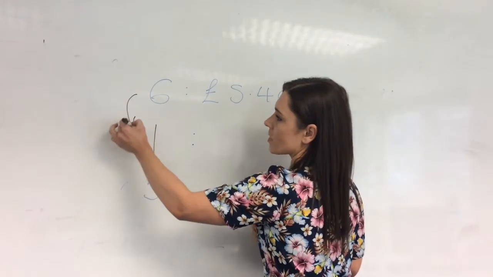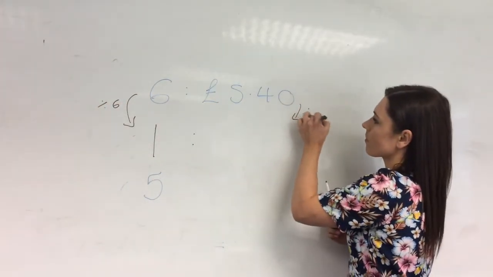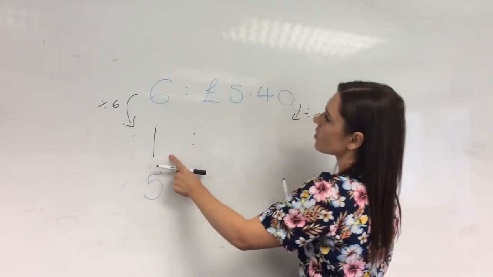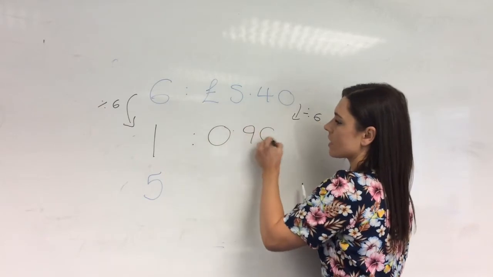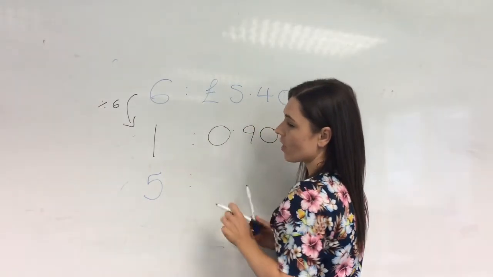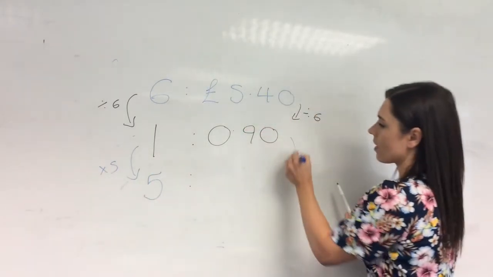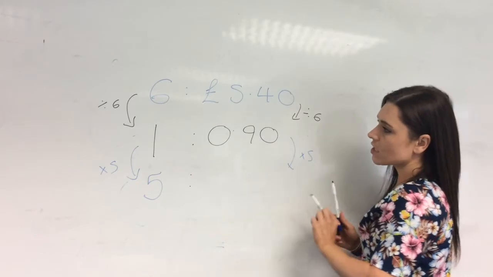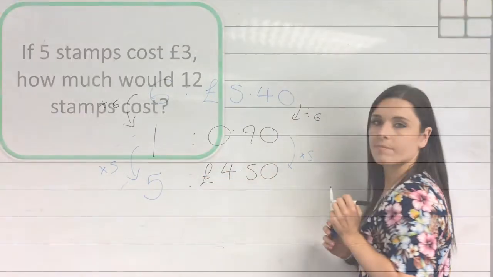We divide both sides by this number here, which is 6. 6 divided by 6 gave us the 1. £5.40 divided by 6 gives us 90p. And then all we need to do to get how much 5 cartons costs is times by this 5 here on both sides. So 5 cartons costs £4.50.